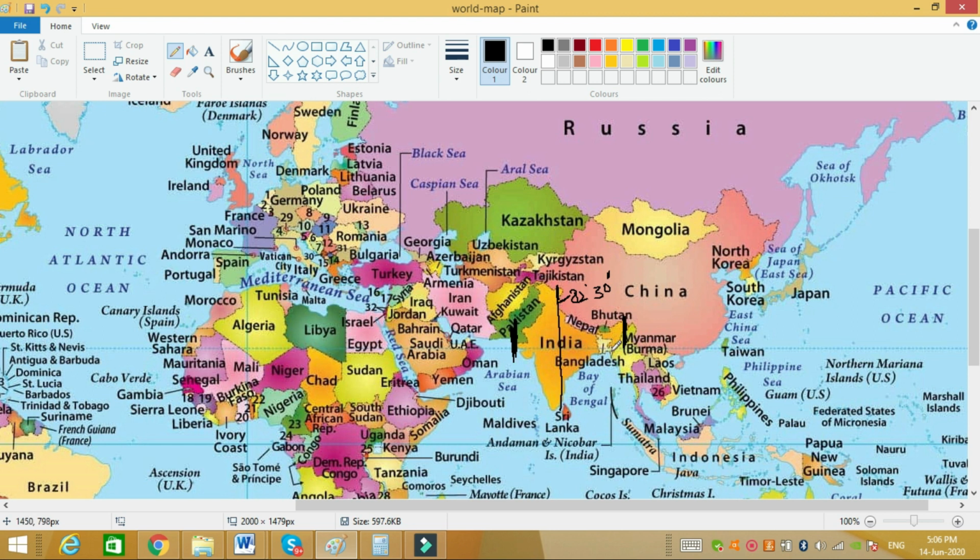But if we are talking about the whole country, the time remains the same. That is what we call Indian Standard Time, and it is calculated on the basis of this standard meridian, which is just in between the two longitudes of India.